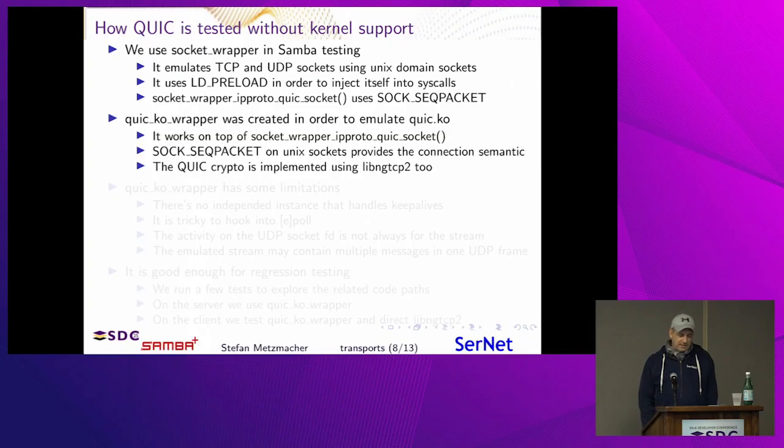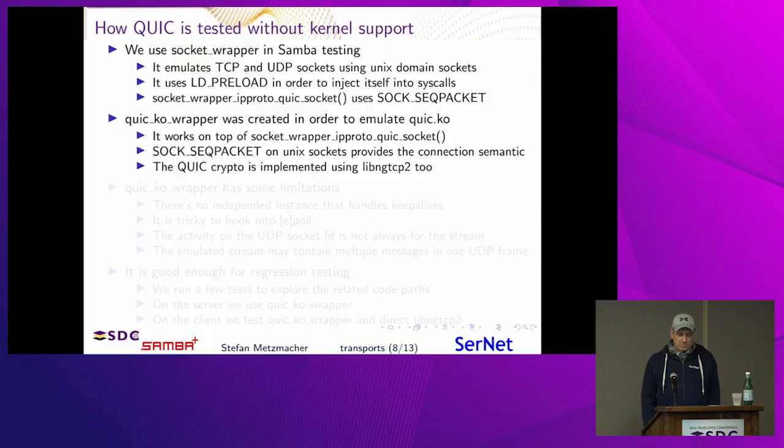And above that, I added a quic.ko wrapper, which just simulates the API the quic.ko kernel module also provides, and makes use of this socket wrapper feature with the sequential packets.